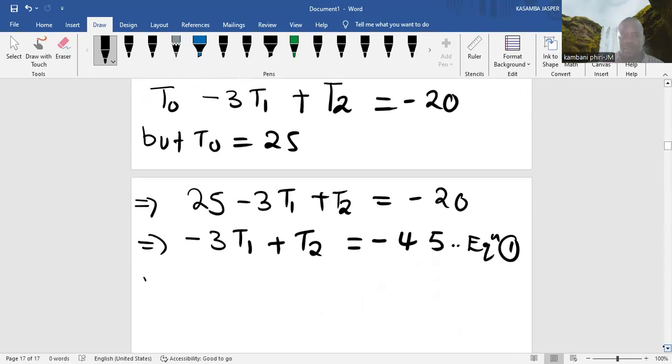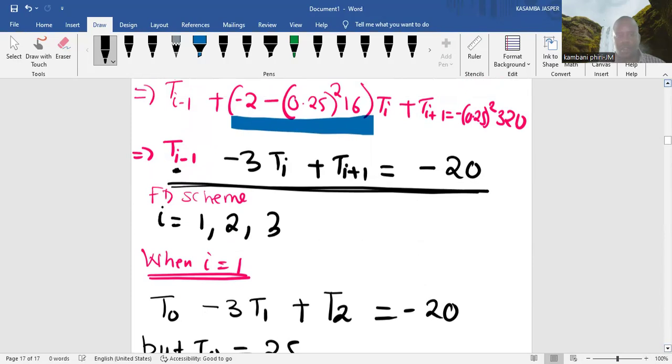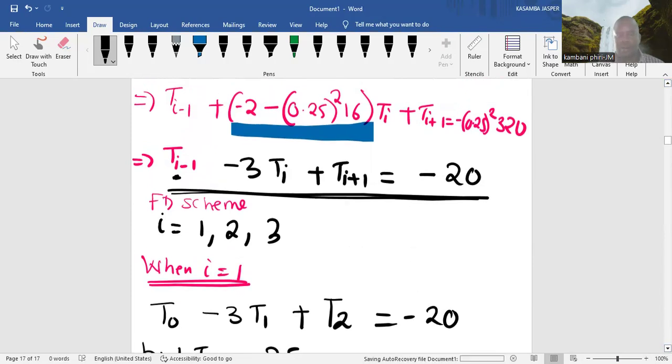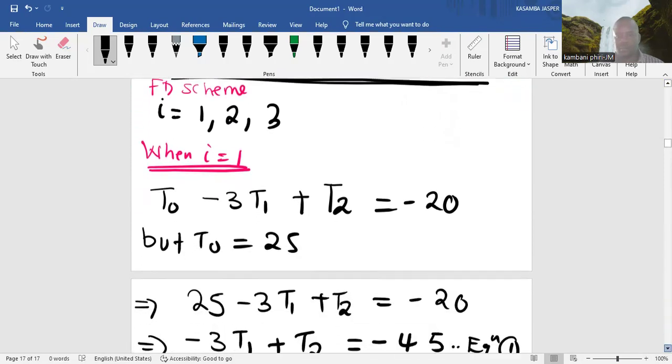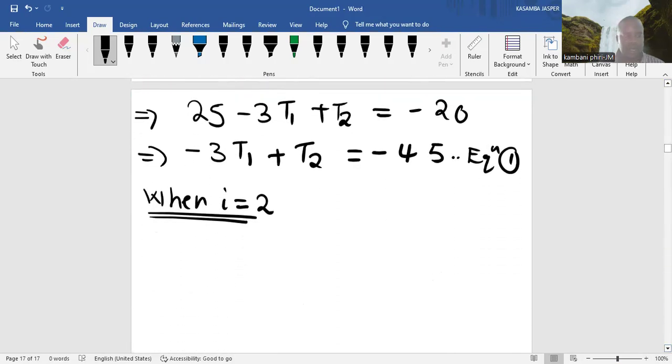Hope that is okay. Then when i is equal to 2, from our scheme, if you put 2 here, we have T1, T2, T3. So we are going to have T1 minus 3T2 plus T3 is equal to negative 20.